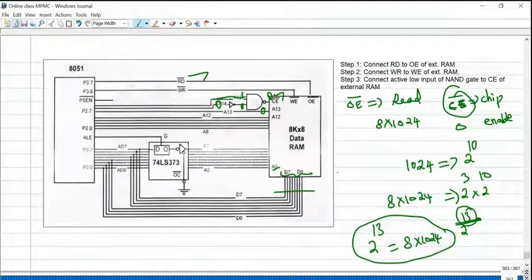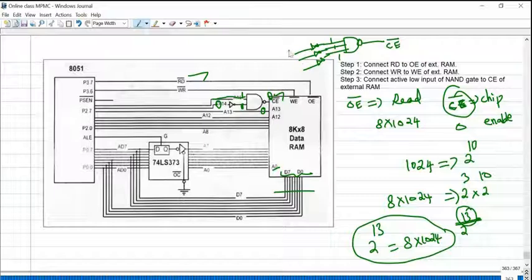Or I'll show you the simple logic. It's better. This is connected to chip enable. Suppose you are connecting A13, A14, A15, three lines, to the NAND gate; you should get 1, 1, 1.